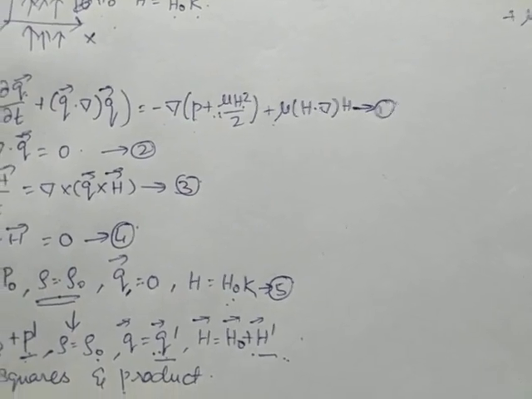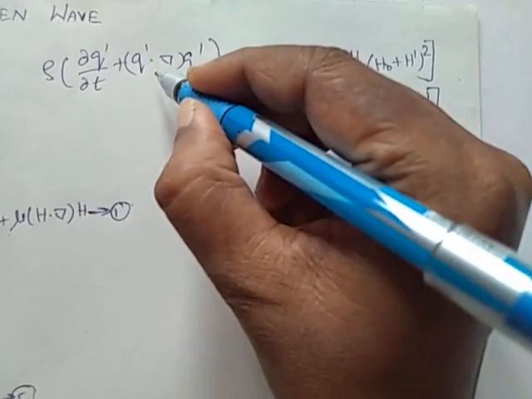So we have del dot Q is 0. Here Q dot del becomes 0.